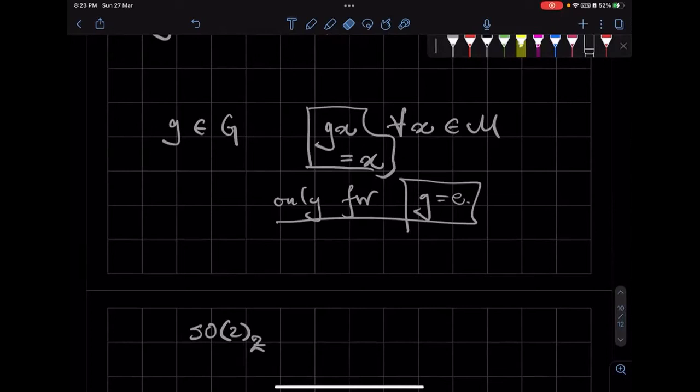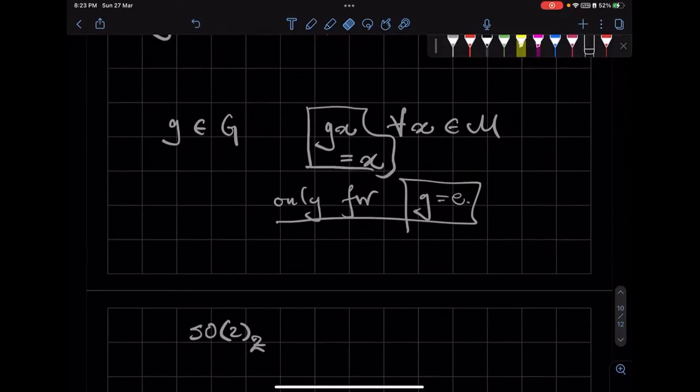Okay? So for something to be effective, you basically have to look at the action of a group element on all the points on the manifold.